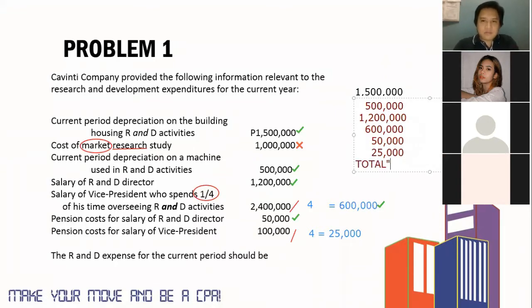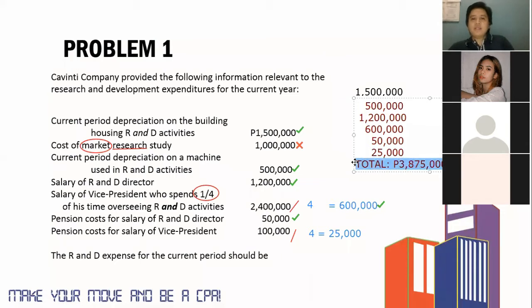Total? So 1.5 plus 0.5 plus 1.2 plus 0.6 plus 0.075. Tama ba ang total natin? 3,875,000. First blood.